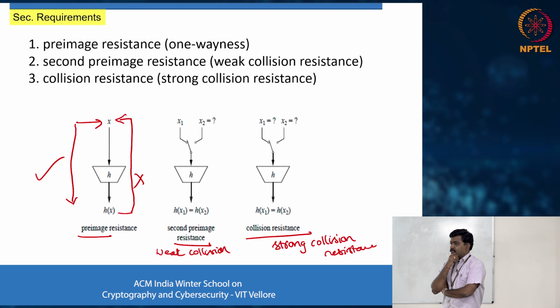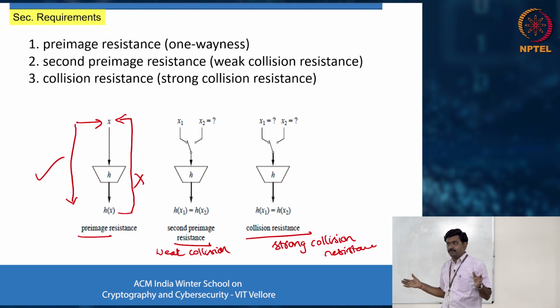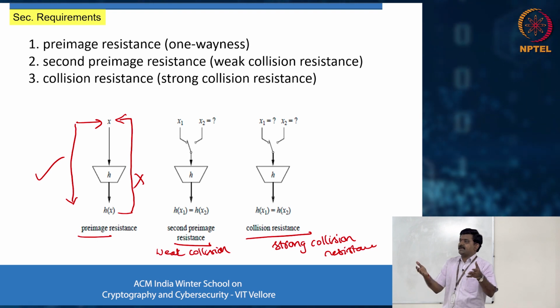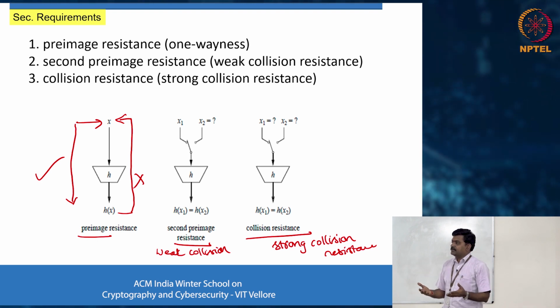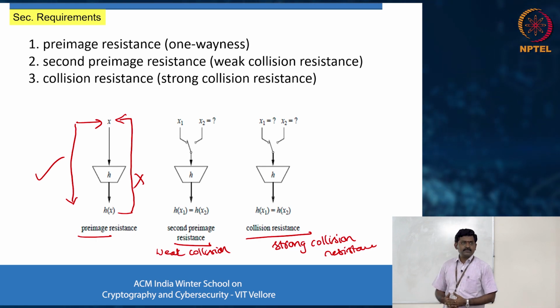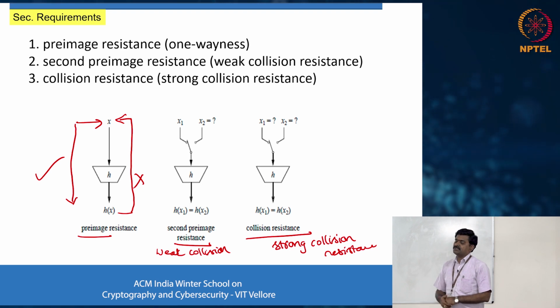But would it happen like that in a practical scenario? No. The reason is you are taking a large space of input and mapping it to a fixed length. Like I said, 500 people is your input, 365 days is your output, which is fixed. Obviously, you will have a collision.